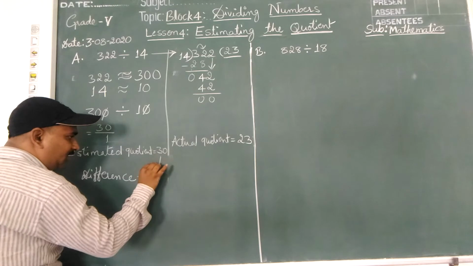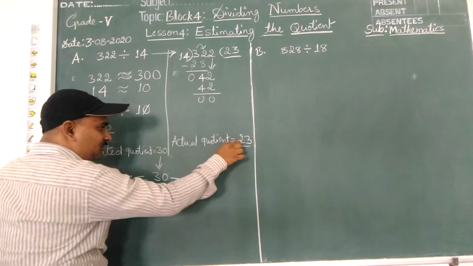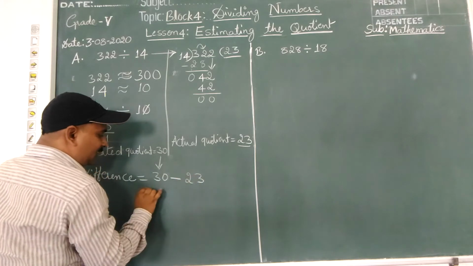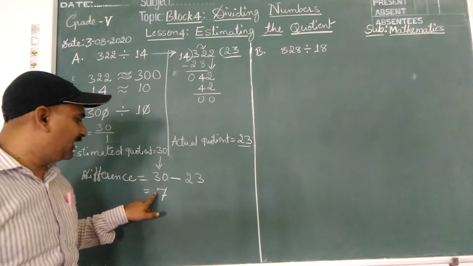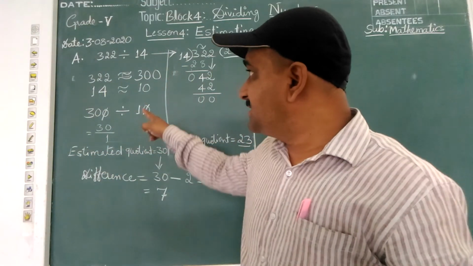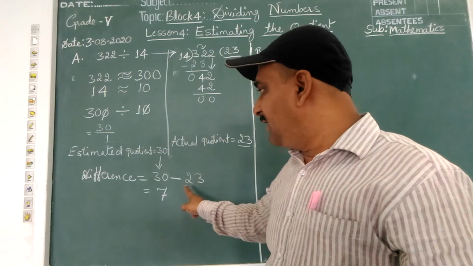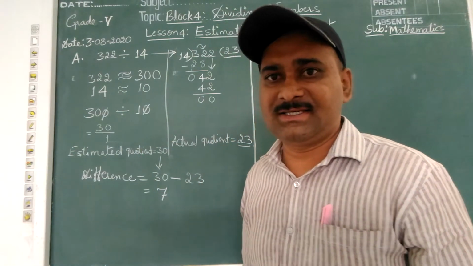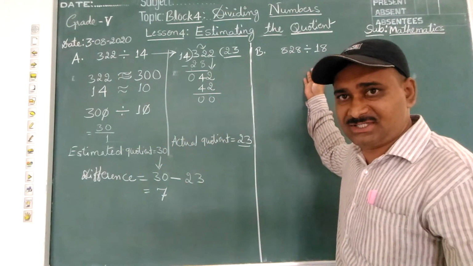Estimated quotient is 30 minus actual quotient is 23. So when we compare, 30 minus 23 is 7. When we compare between estimated quotient and the actual quotient, we are getting the difference as 7.